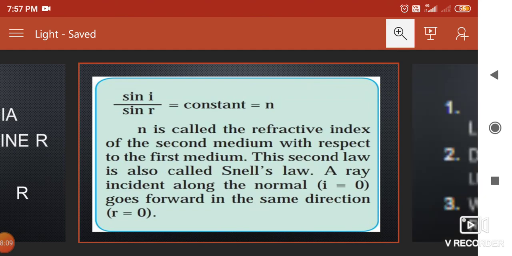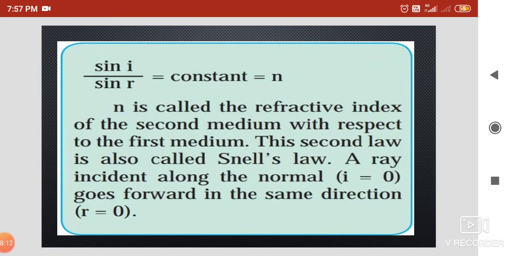So sine angle I to sine angle R is always constant, and it is denoted by the letter n. This n is called the refractive index of the second medium with respect to the first medium. In the figure, the second medium was glass and the first medium was air.